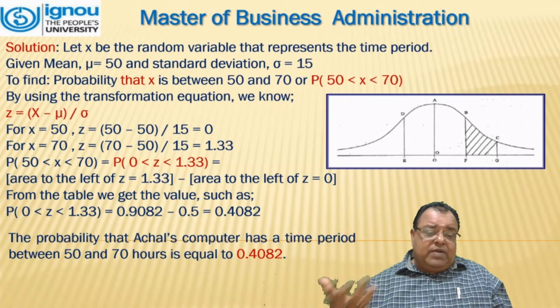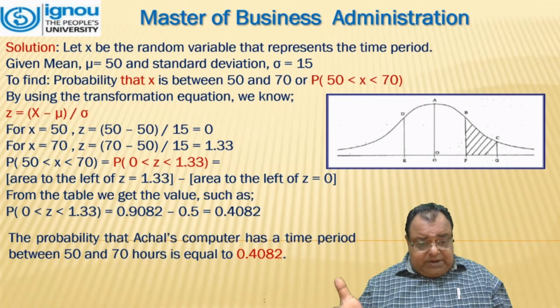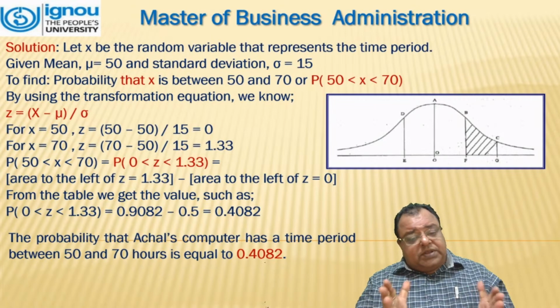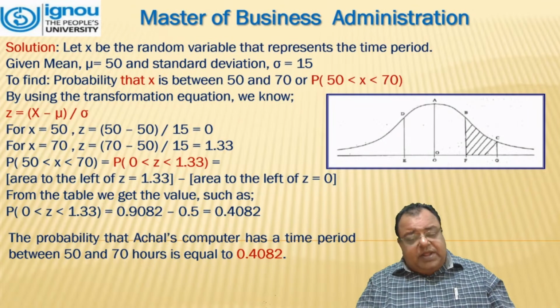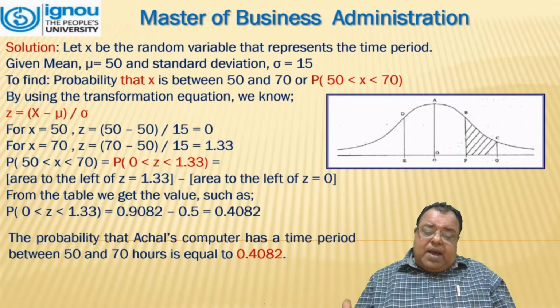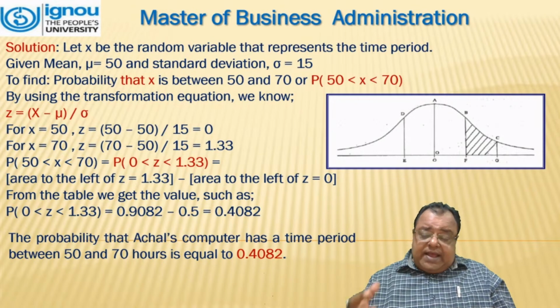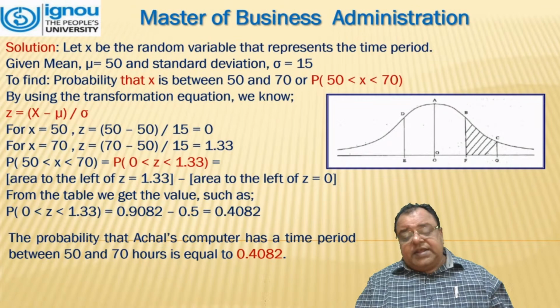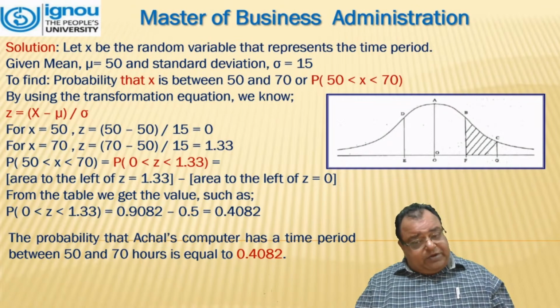From the table, the value for z equal to 1.33 is 0.9082, minus 0.5, which comes out to be 0.4082. That means the probability that Achal's computer has a time period between 50 and 70 hours is 0.408.